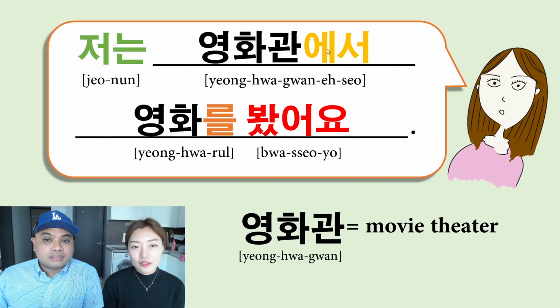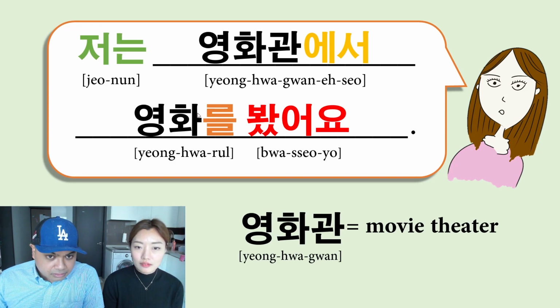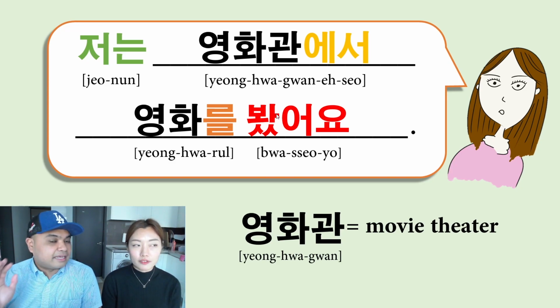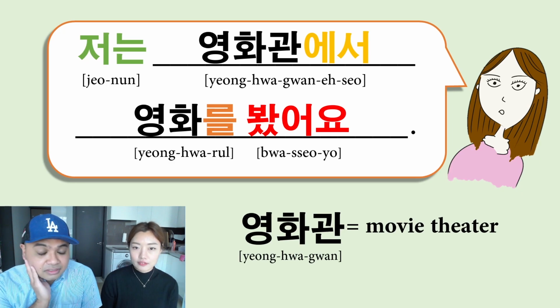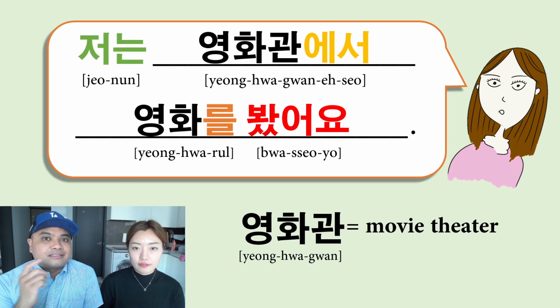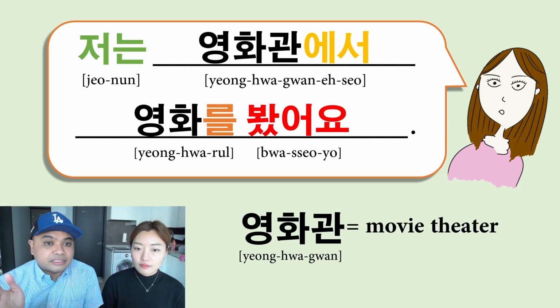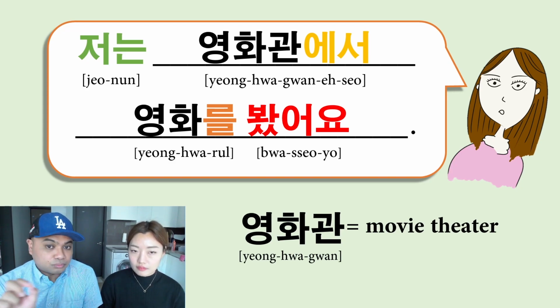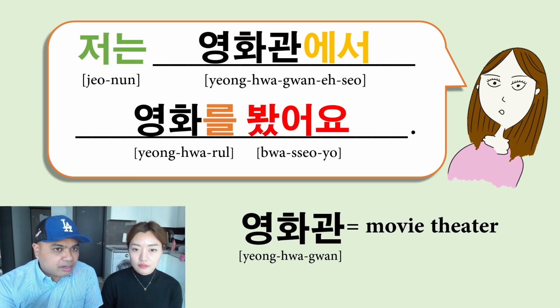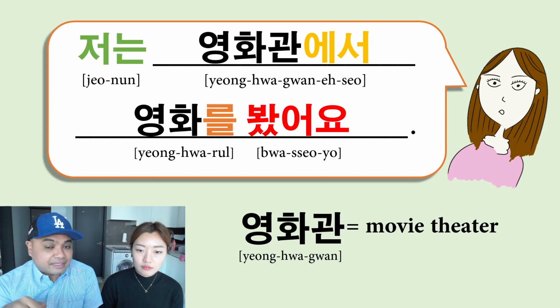영화관에서, and then the object, 영화, and at the end, of course, the verb, right? We need the verb at the end. I think, like I said in the previous video, the hardest part is where to put those words. Usually we have the verb after the subject. So it's like, I watch, I eat, I talk, I run. But the verb is at the end of the sentence.